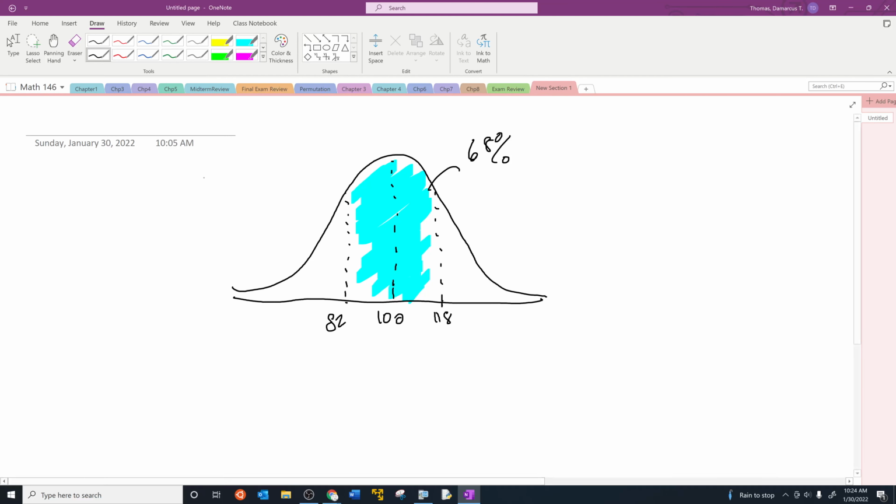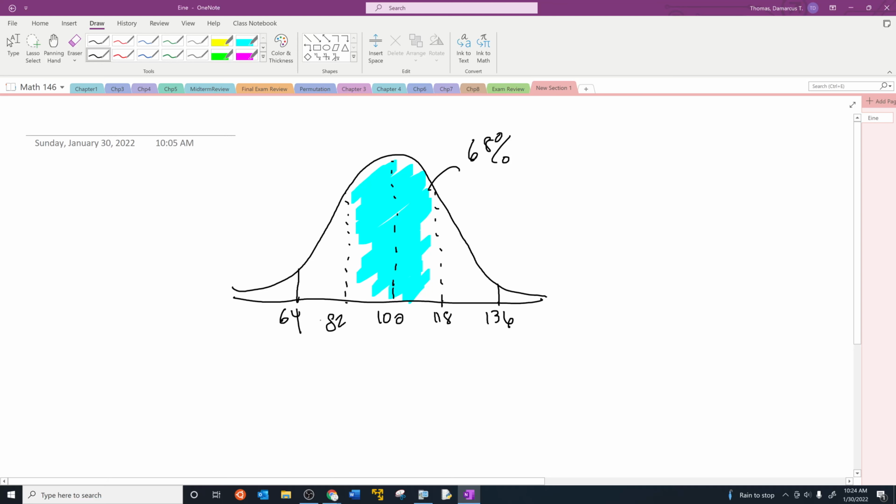And then it also goes further and says, if you go out 2 deviations from the mean, I'm going to add another 18 to get 136, and I'm going to subtract 18 from 82. I think that puts us at 64.